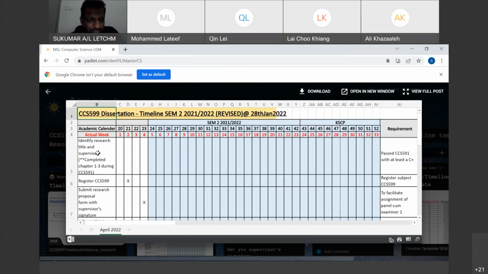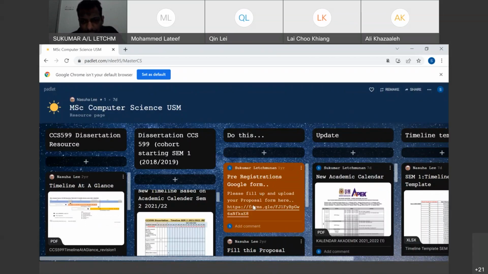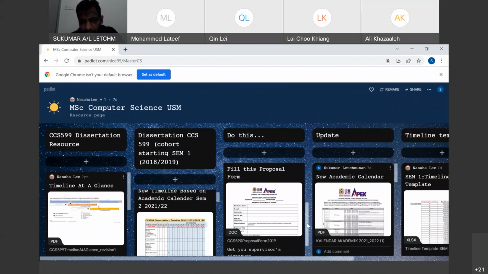Okay. So I think by the time you already go through this Padlet, you already have a rough idea. So for now, the commitment I want you to do is fill in this pre-registration form, and it's good for you to get this proposal form from your supervisor.